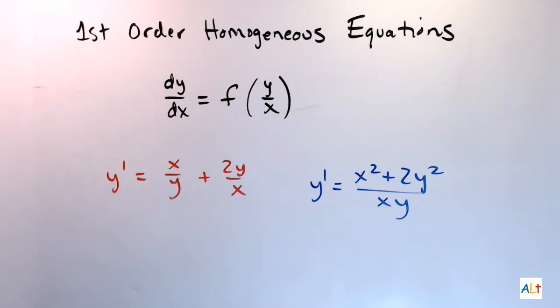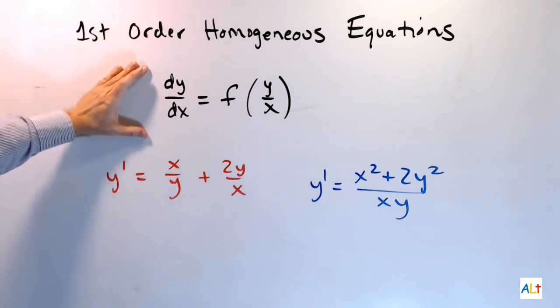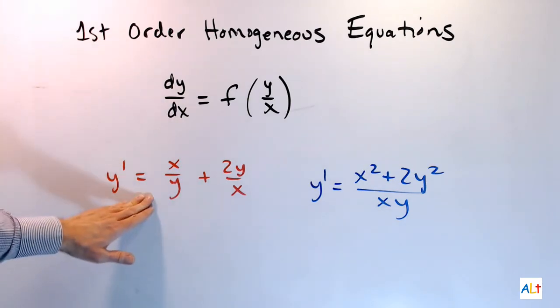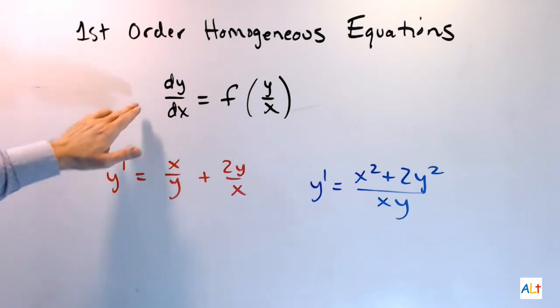One last little footnote on homogeneous equations. So there are two different definitions for the term homogeneous. The first one that I gave you technically applies only to second order and higher equations. A first order homogeneous equation is one that follows this format right here. And there is a special method for solving equations like this, which you would have to look up. So here is one example that clearly fits the format. There's the derivative.